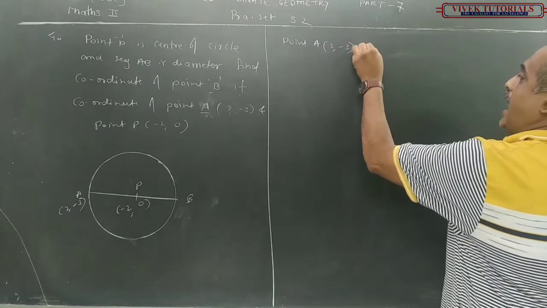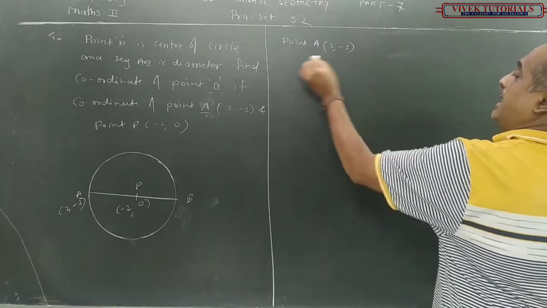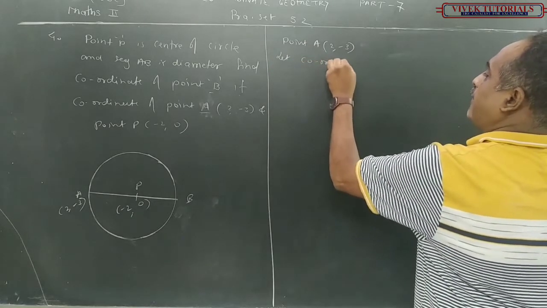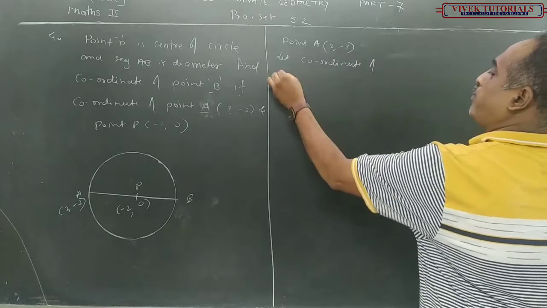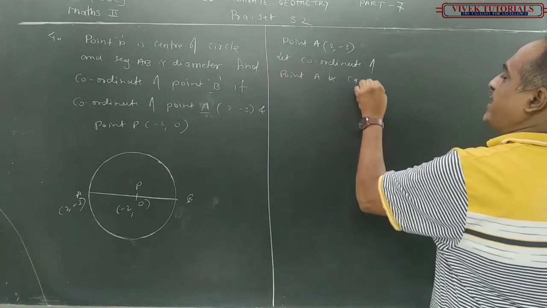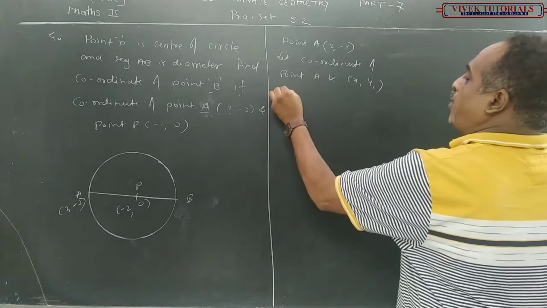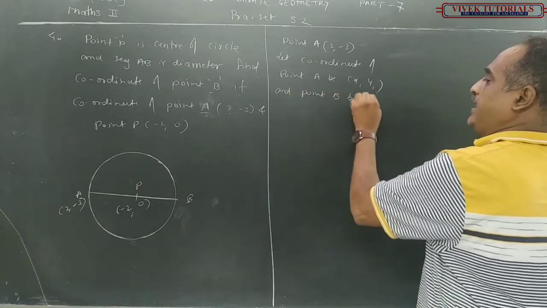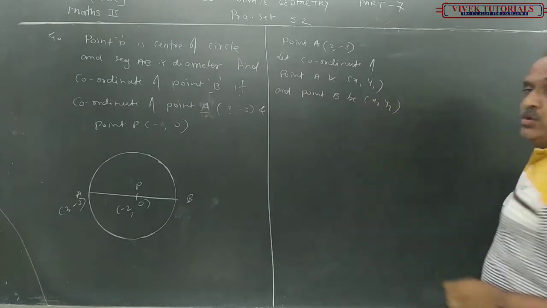Let the coordinates of point A be x1, y1 and point B be x2, y2.